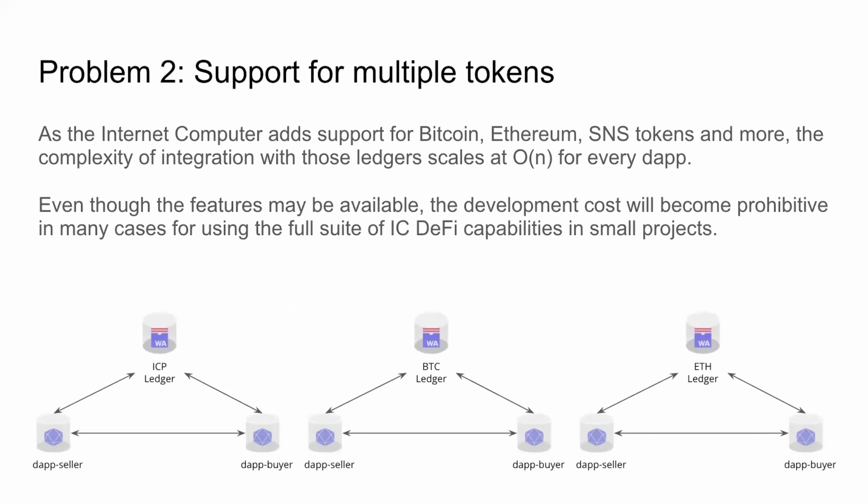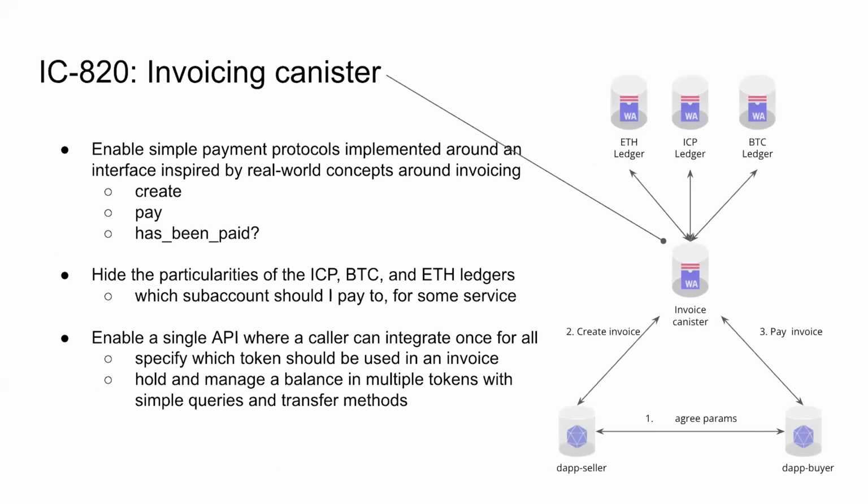Additionally, that complexity scales as you add in considerations for how do I accept payment in Bitcoin? How do I accept payment in Ethereum? And so we want to provide a single, simplified interface for all of these tokens. And that's where the Invoice Canister comes in.